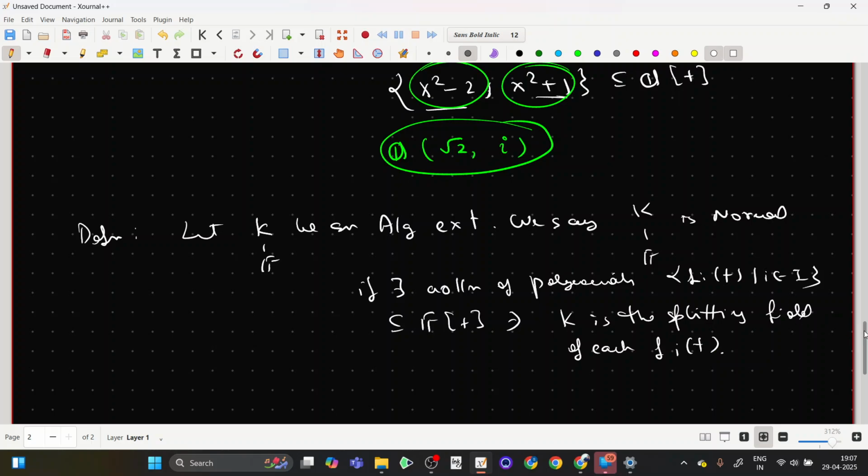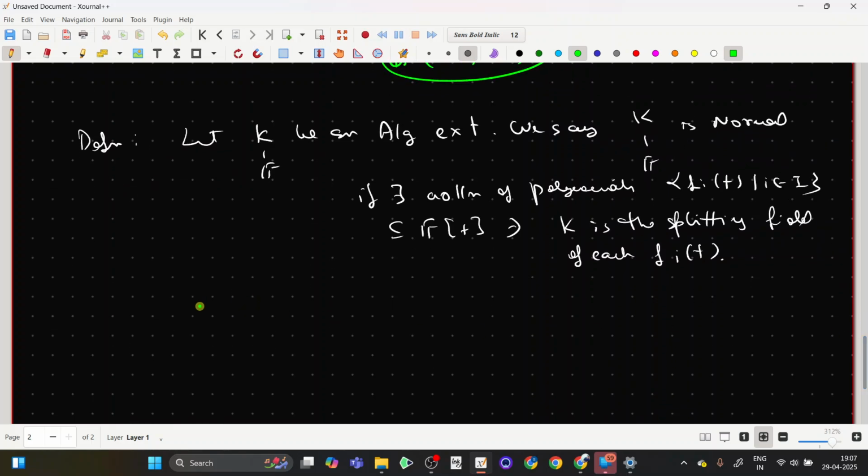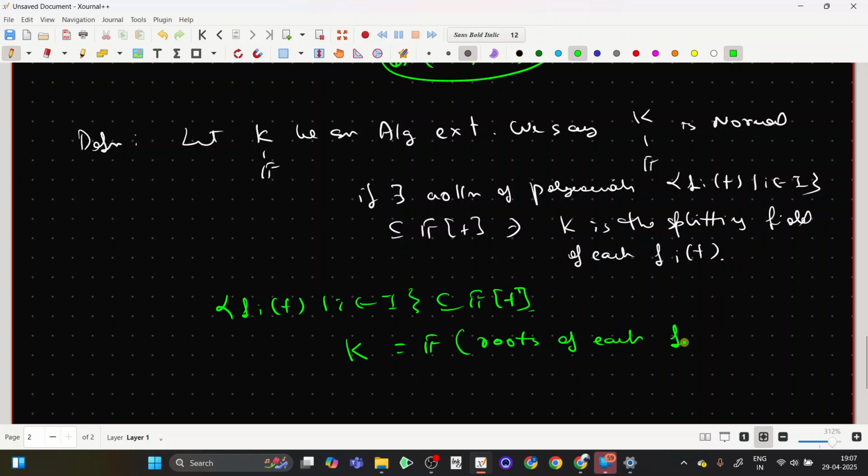Now observe furthermore, the way we deduce this fact is that let us say f_i is some collection of polynomials in F[t]. So can't I construct the normal extension over F which serves as the splitting field of this collection by just adjoining the roots of each f_i?